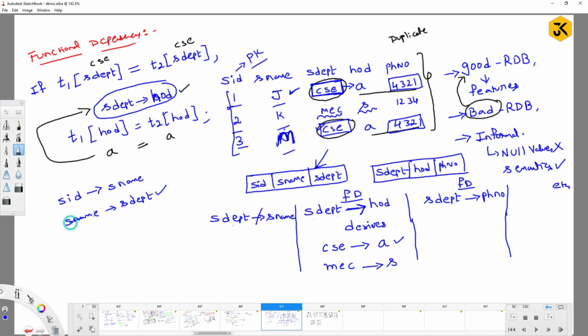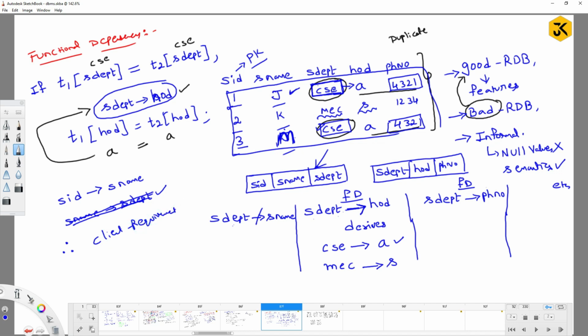But the important point is, when you are going to define any kind of functional dependencies, you should not concentrate on the relation instance, right? Here we are trying to say in terms of relation instance, but you have to say it with respect to the client requirement.